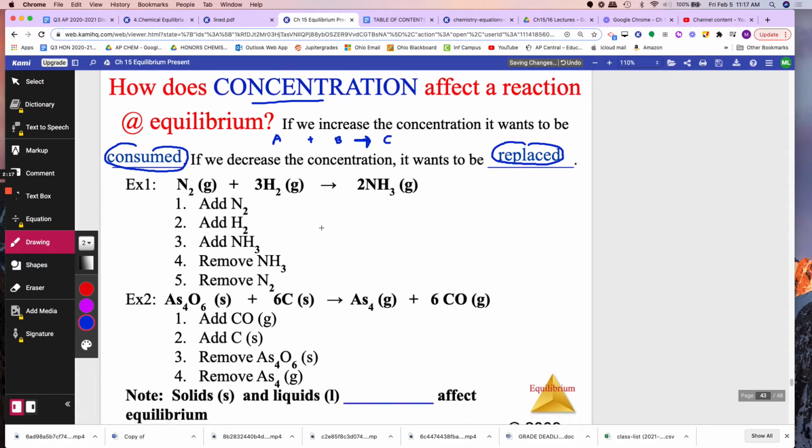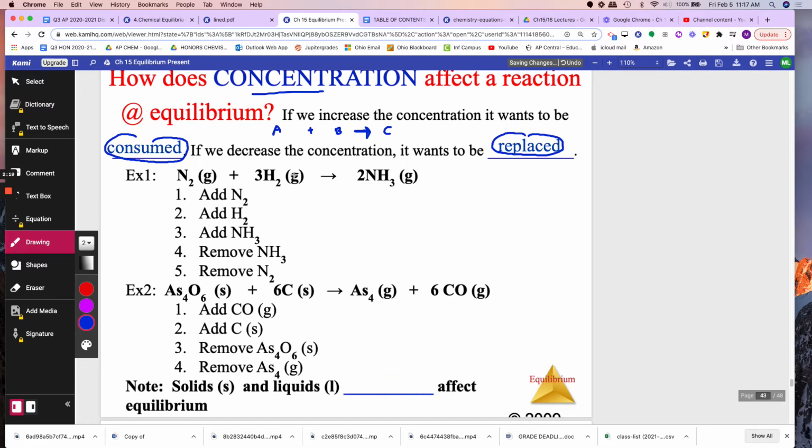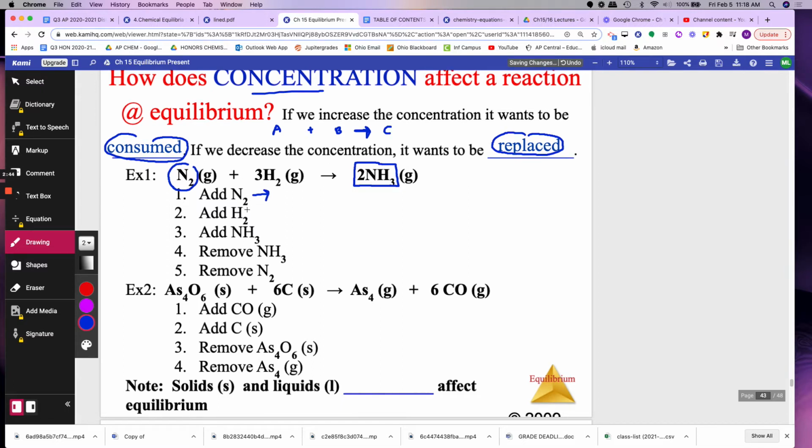So here's an example. Here's the reaction, and let's say that you want to make some ammonia. The more ammonia you make, the more money you make. How are you going to make more ammonia? Well, of course, add more N2. If you add N2, nitrogen gas, this system will go to the right to use up what you've added. You can also add H2.